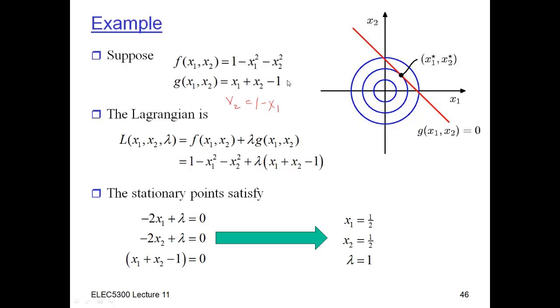I just set that equal to 0 and move x1 and 1 over to the other side. So this is going to be a line with slope minus 1, and it's going to intersect the plane right here at 1, and over here at 1.